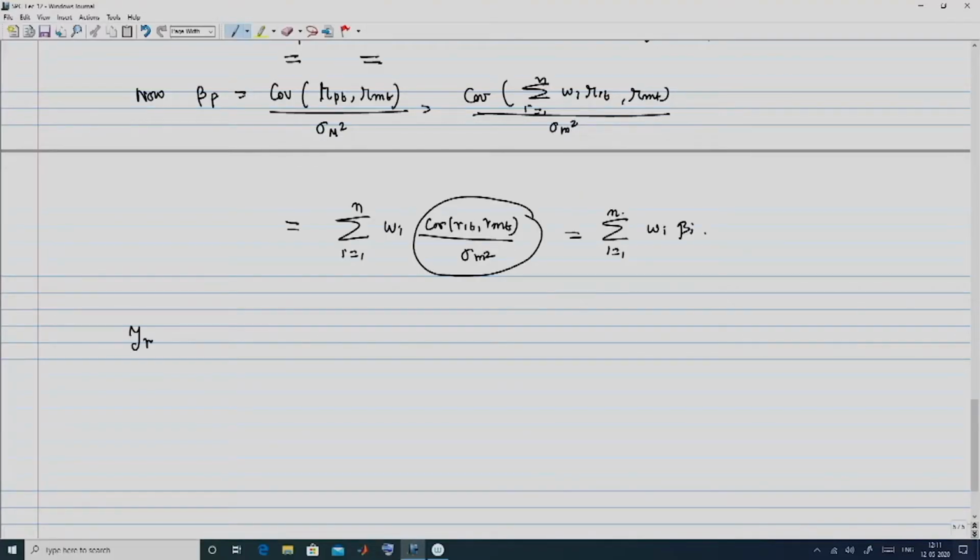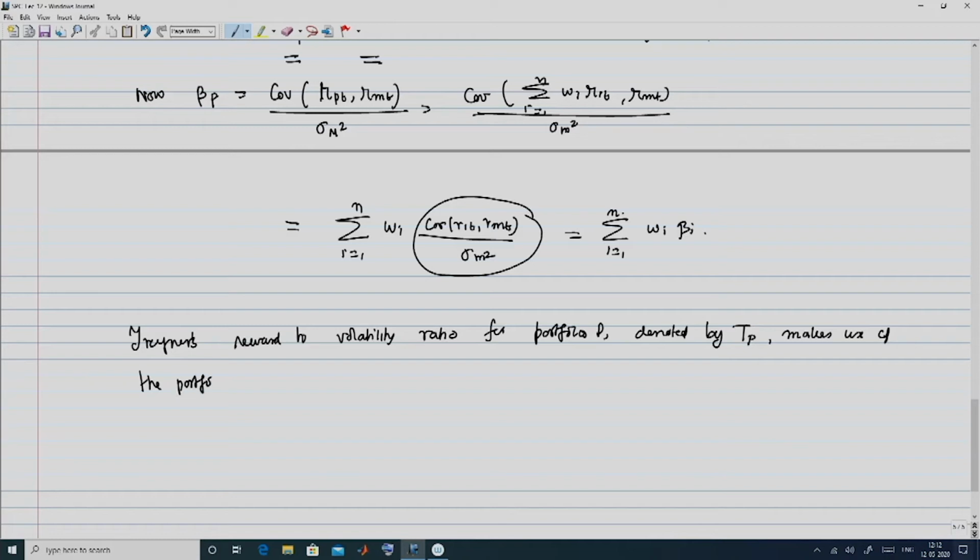So, coming back to Treynor's reward to volatility ratio for portfolio P, naturally we are going to denote this by T subscript P. It will make use of the portfolio's beta as the risk measure.